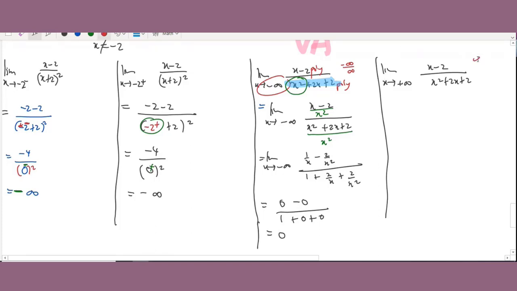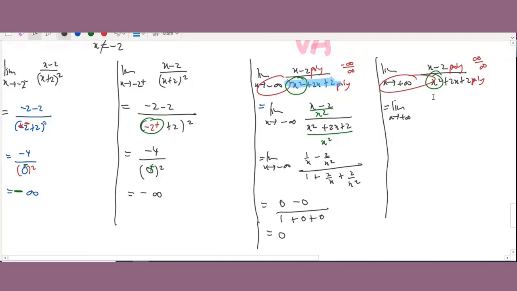And this one is also the same. Substitute: infinity over infinity, indeterminate form, poly over polynomial, and x tends to infinity. So we need to divide with the highest power of the denominator, x squared.